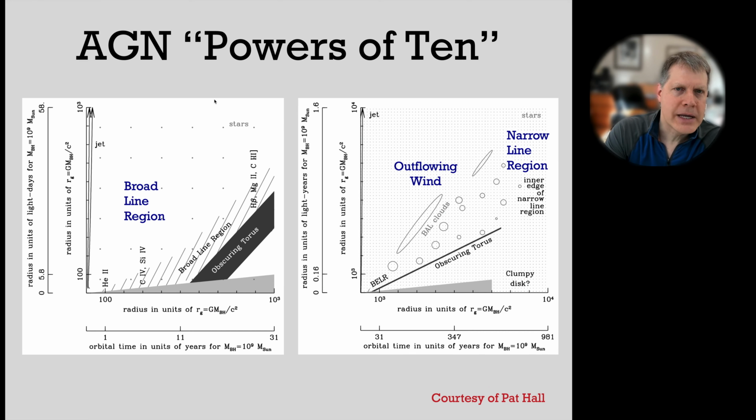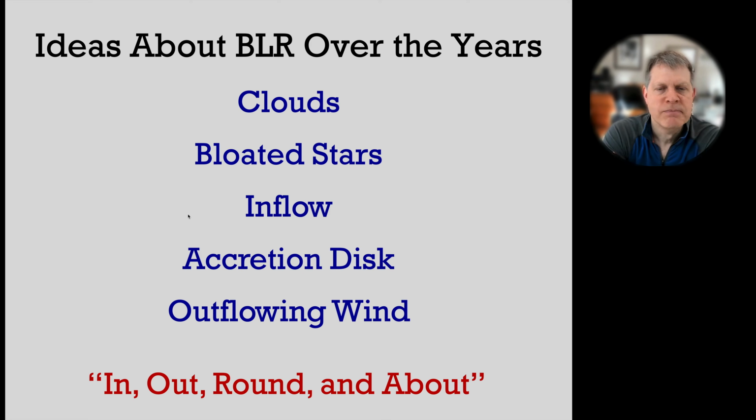If you go back to this diagram, remember these gray dots are representing the location of stars. You plausibly expect on these size scales there to be a significant number of stars. And so perhaps these stars, if they were irradiated by the brilliant central source, can become bloated, can have outflowing material off of them. Maybe that has something to do with the Broad Line region.